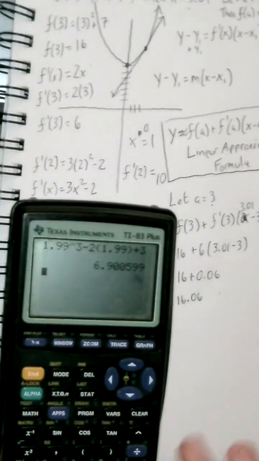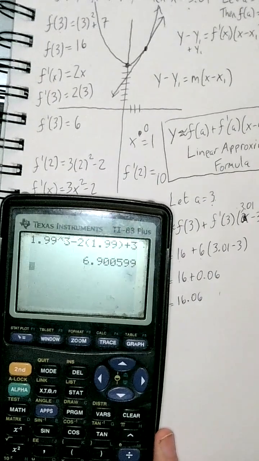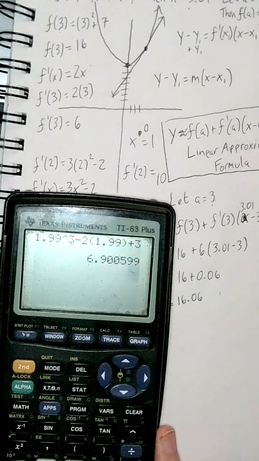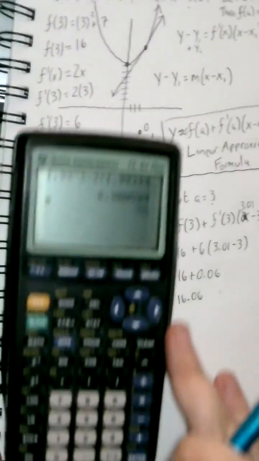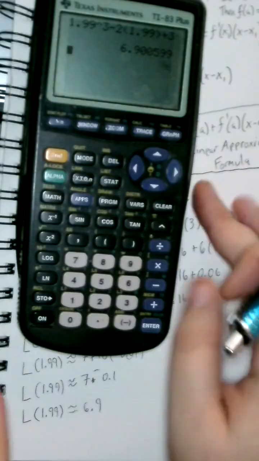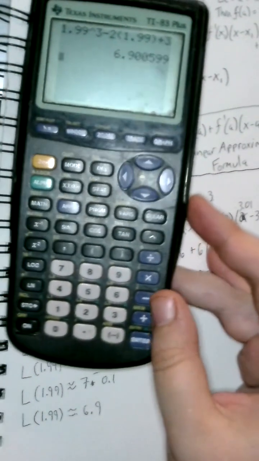And I get 6.900599. What do we think? Is that a good approximation? Was our approximation good or was it not good?